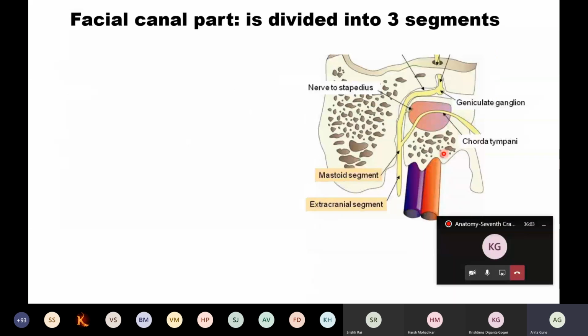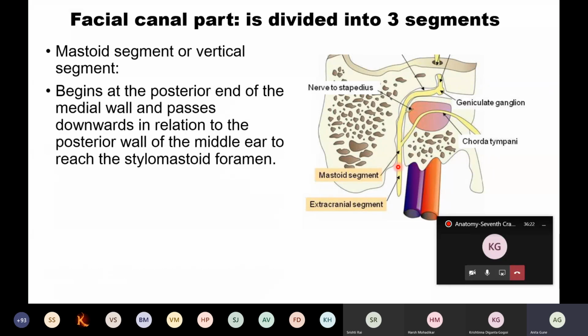From there, this part is running inside the bone, inside the mastoid bone. So it is called the mastoid segment or vertical segment. It is present actually inside the bone, and it is running vertically.